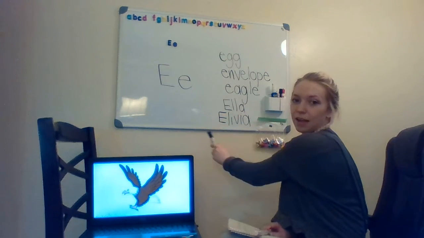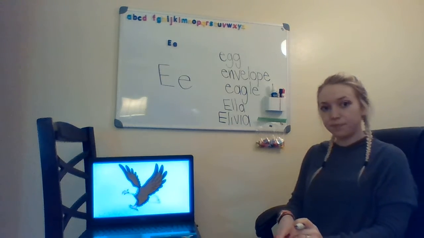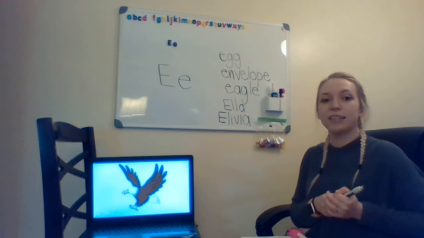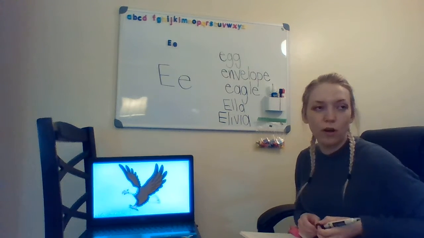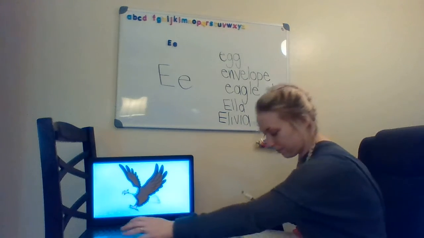We have Ella and Olivia. Those both start with the letter E. If you think of some other things that start with the letter E, you could try to sound out the words and write them, or draw pictures of other things that start with the letter E at home.